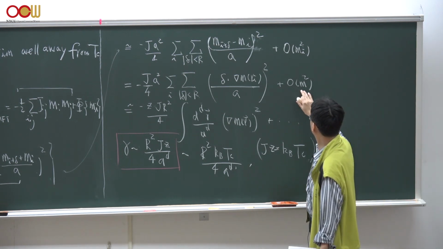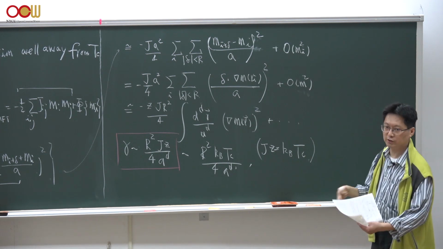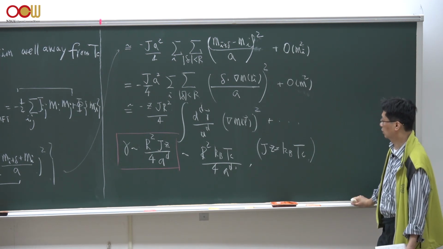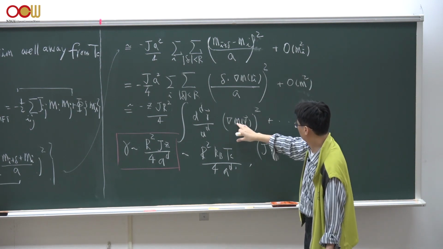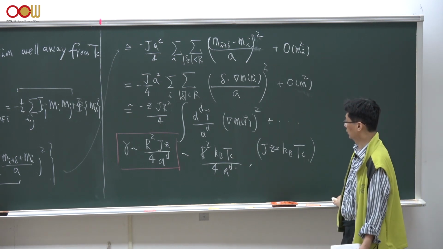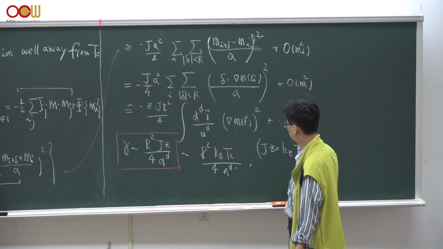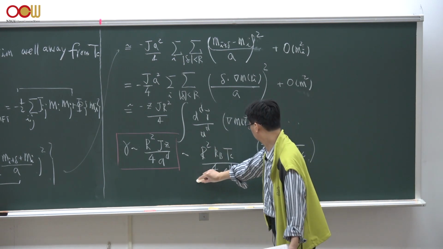But the remaining term is all over m squared, which is simply some kind of background average term that we don't care about at the moment. So we would like to collect the term proportional to the gradient of m squared, which is the first term. When we do so, we integrate over the entire range of interaction, and we get to that value here.